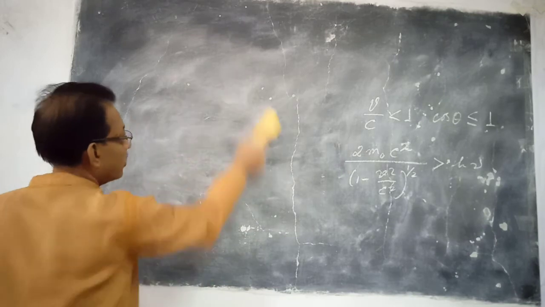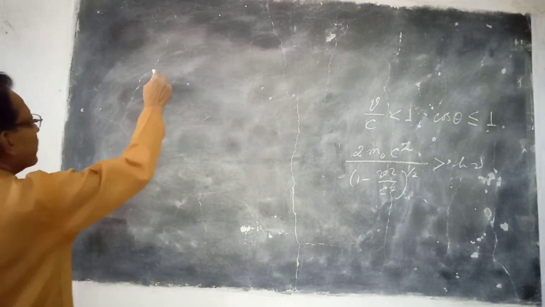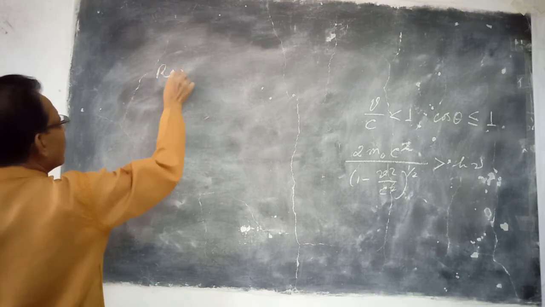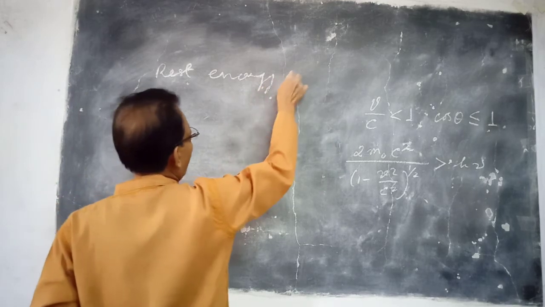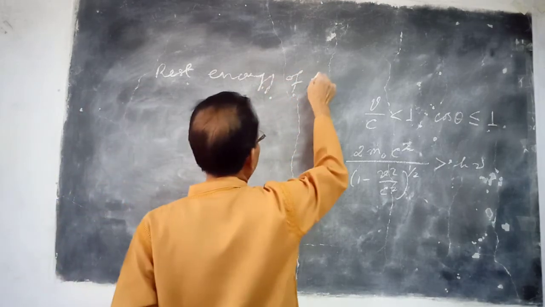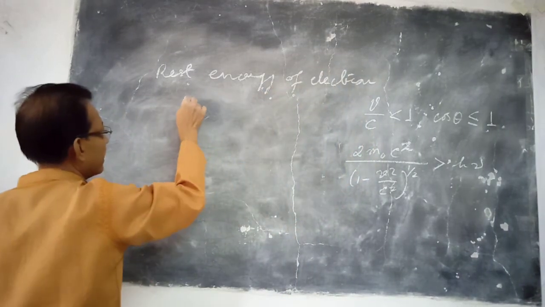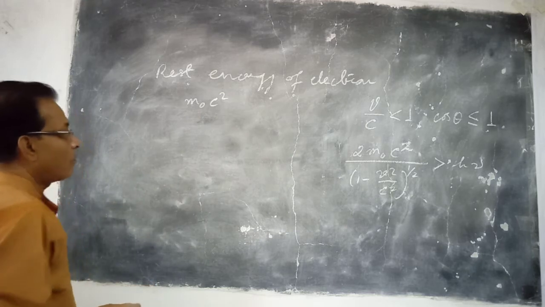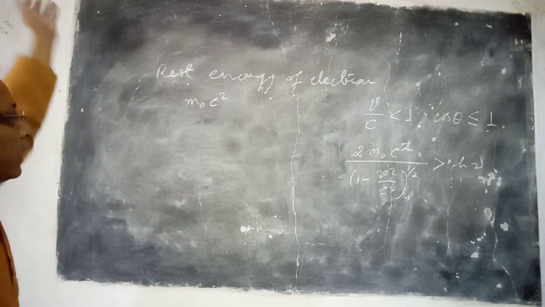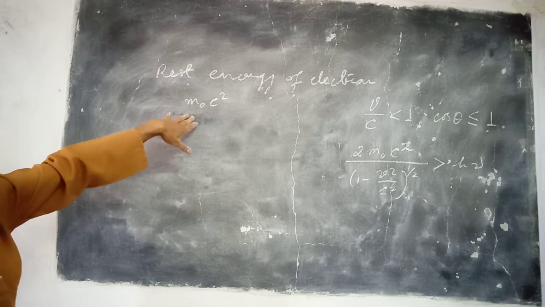Therefore, for the pair production process, the rest energy of the electron or the positron, that is m0 c square, is approximately half an MeV, 0.5.